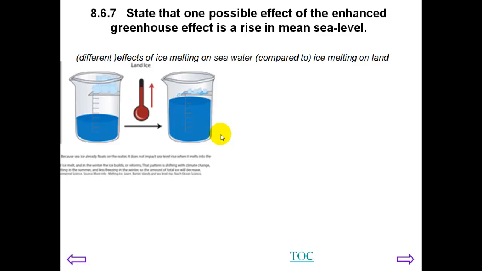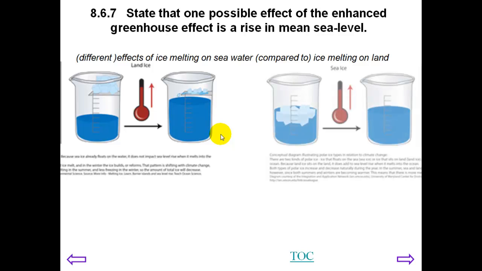However, what happens with icebergs, ice that's already in the sea? This ice is already taking up a certain volume of the water, and when it melts, it will reduce its volume, so the sea level will stay exactly the same. It's got more volume now, but when it melts, it will reduce and fill exactly the same volume.